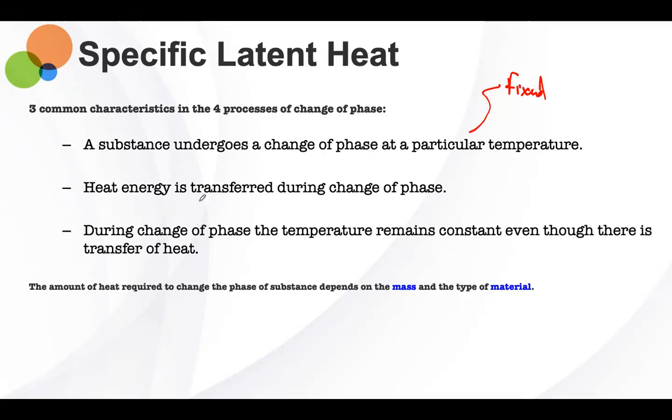The amount of heat required to change the phase of a substance depends on the mass and the type of the material. If you have water and you have alcohol, it would take a lot less heat energy to change liquid alcohol to gas.